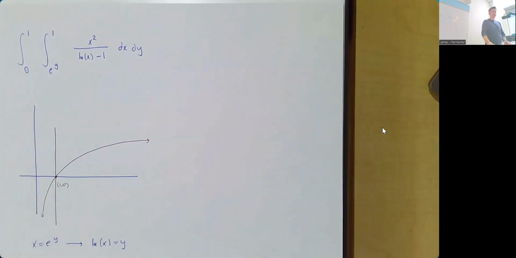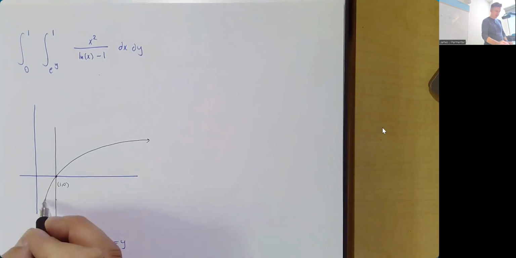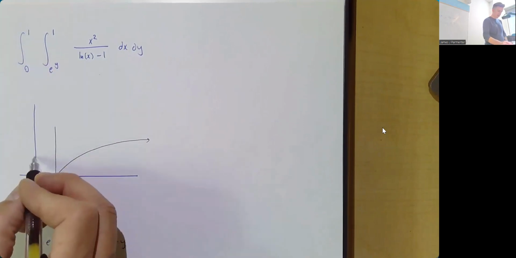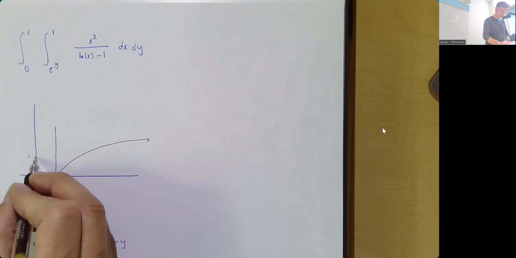The problem here is, if we're going from left to right, this is the left and this is the right. But my y values are going from 0 to 1.